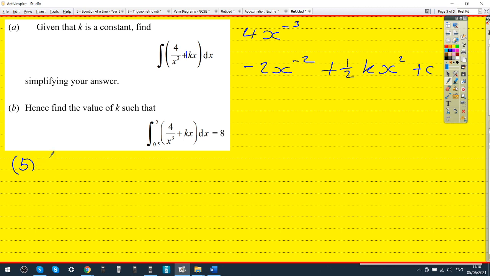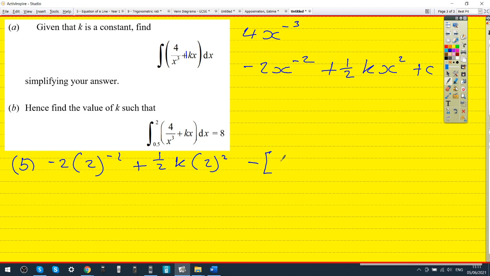Part B. So can we use the integral we just got and sub in 2 and 0.5? Yes. So we sub in 2. We don't have k. And then c minus c is always 0, so we don't need to worry about that.